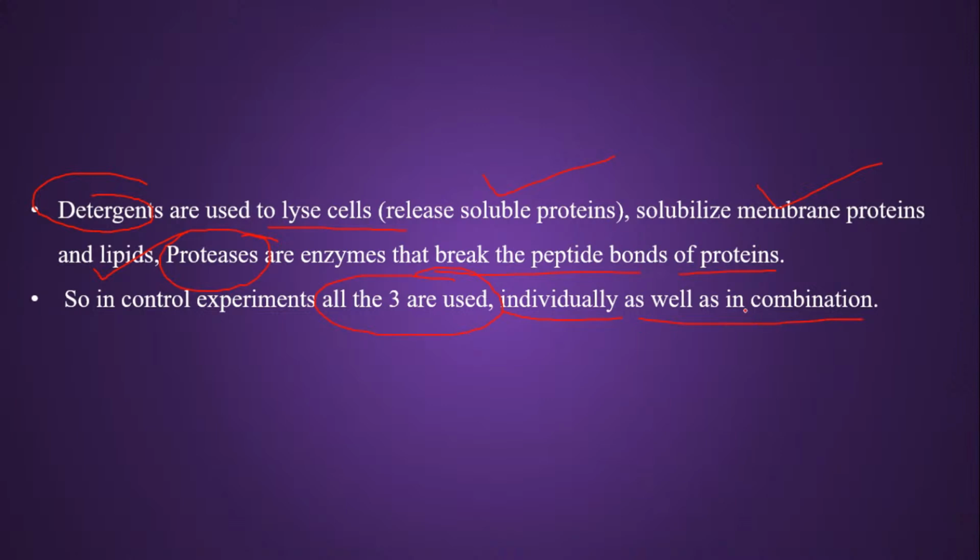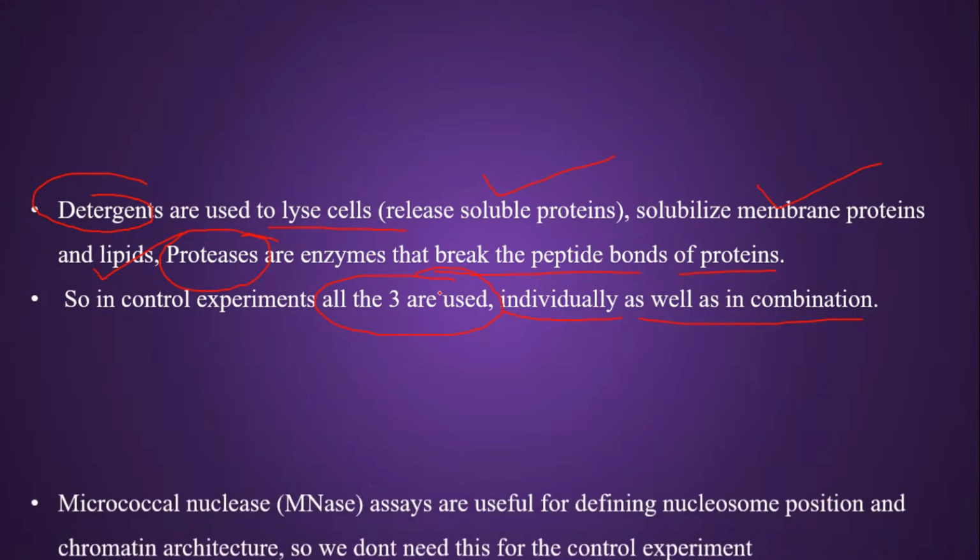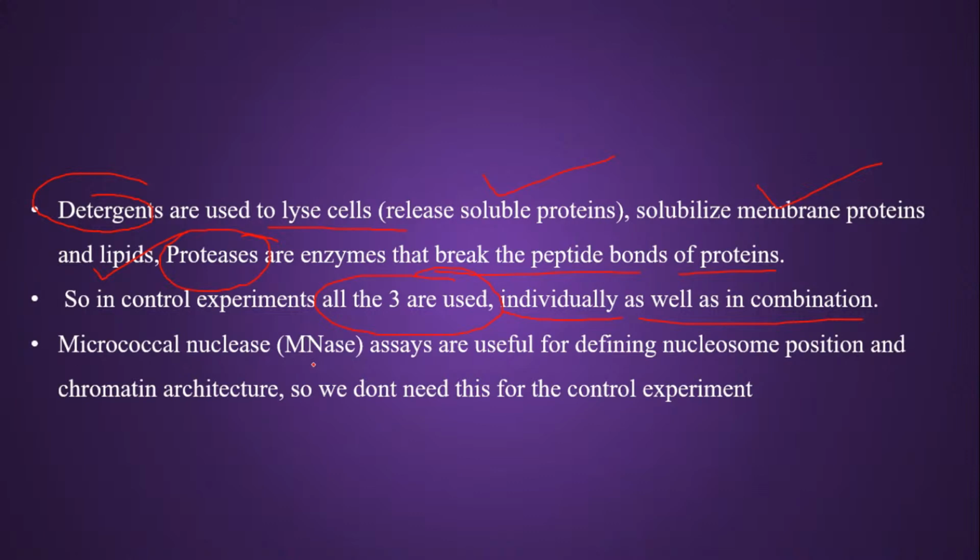That's the reason we had excluded nucleus and we have taken the other three statements. Right? So micrococcal nuclease is commonly used for defining the nucleosome position and chromatin architecture, so we do not need this for the control experiment.